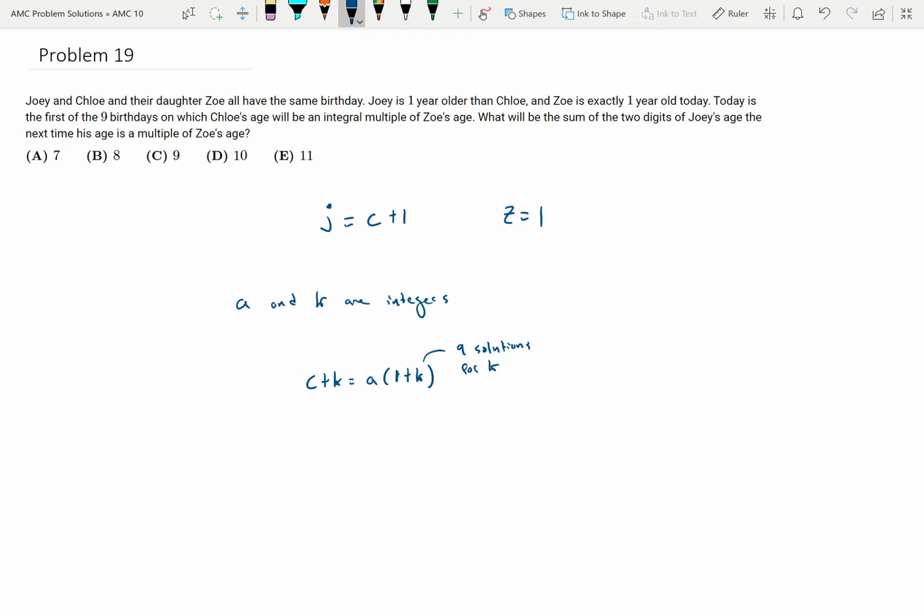So some manipulation I'm going to do to this equation. I know C plus K, I can rewrite that as C minus 1 plus 1 plus K. And that actually equals A times 1 plus K. Okay. And so subtracting 1 plus K from both sides, I'm going to rearrange and I can get the equation C minus 1 equals 1 plus K times A minus 1.